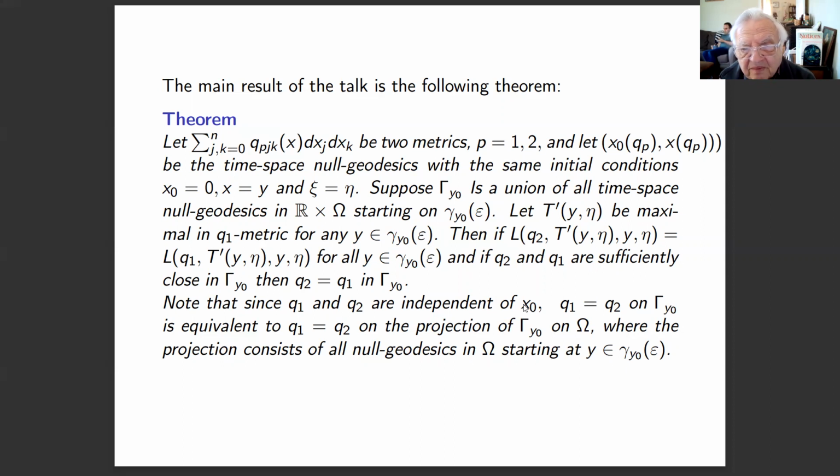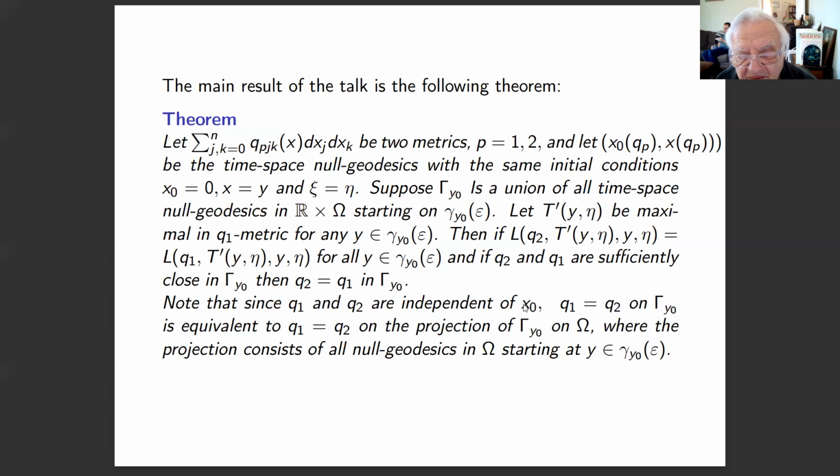So for such T prime, if L_Q2(T prime, y, eta) equals L_Q1(T prime, y, eta) for all y, and if Q_2 and Q_1 are sufficiently close, then Q_2 equals Q_1.